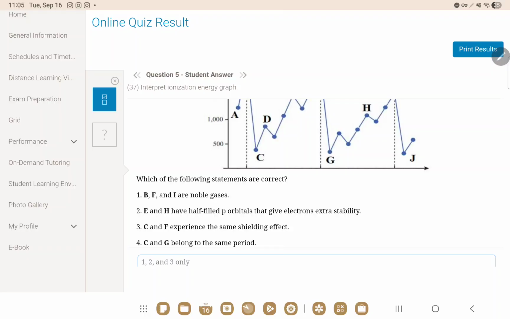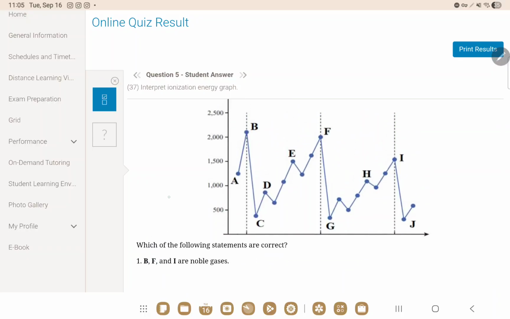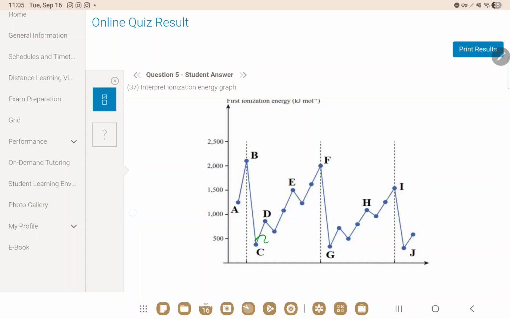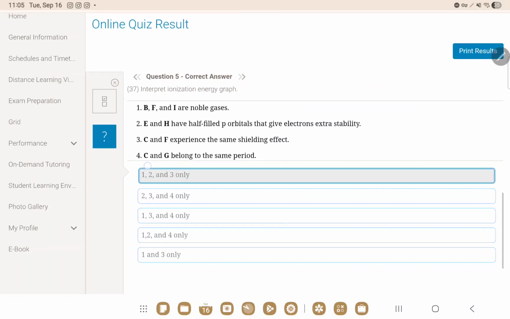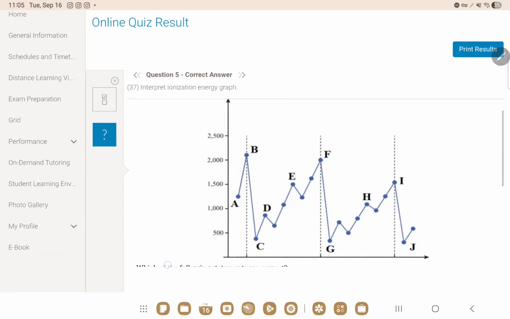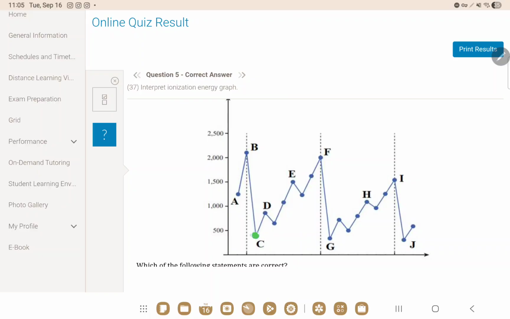C and F have the same shielding effect. So C is here and F is here. C is third, which is lithium, yes.